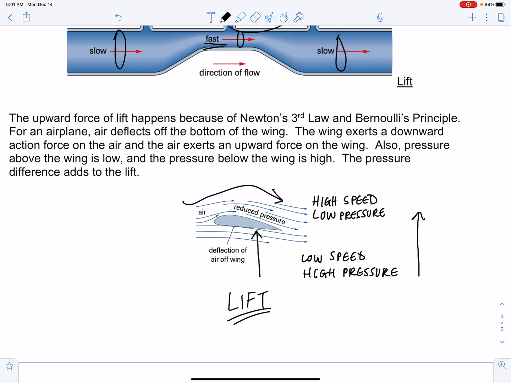The upward force of lift happens because of Newton's third law and Bernoulli's principle. For an airplane, air deflects off the bottom of the wing. The wing exerts a downward action force on the air, and the air exerts an upward force on the wing. Also, pressure above the wing is low and pressure below the wing is high, so the pressure difference adds to this lift.